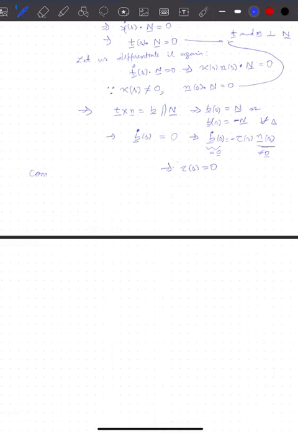So conversely, we want to prove that if tau of s happens to be 0 throughout, then the curve has to lie in the plane. So we start with tau of s equal to 0 everywhere. Then b dot is equal to minus tau of s N vector, which is going to be 0. So this implies that b vector of s is constant.